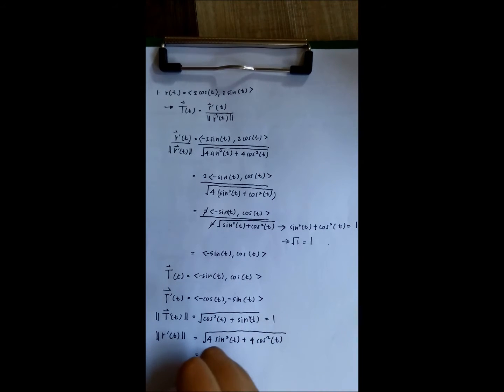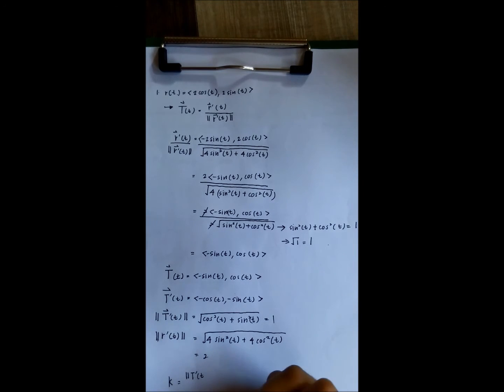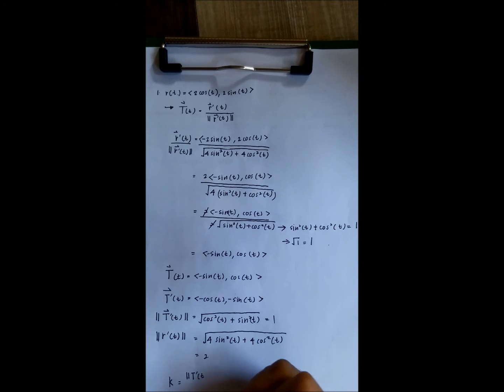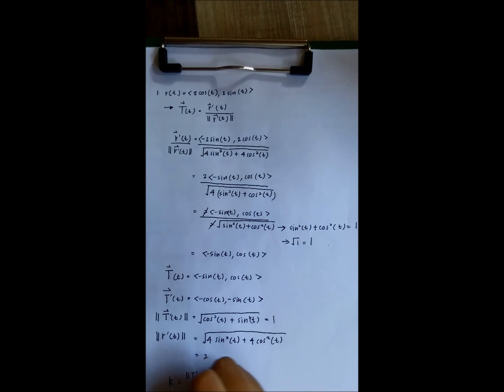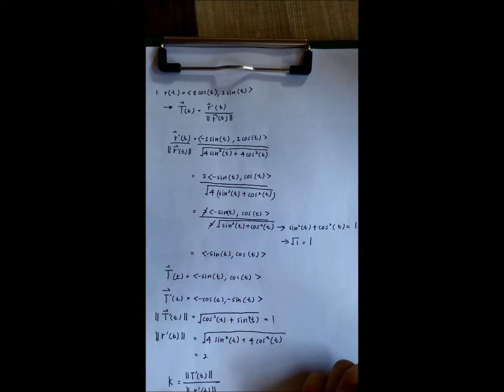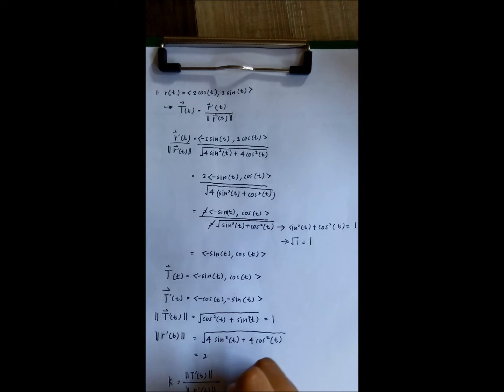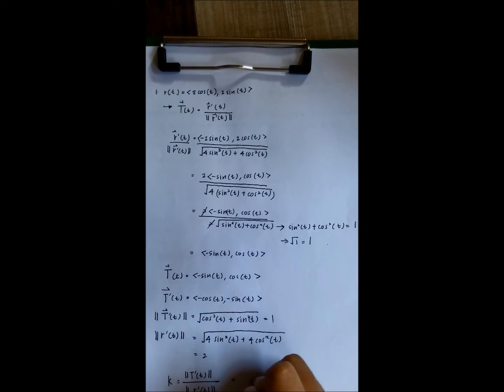So the final answer, since the formula of k is equal to the magnitude of T over the magnitude of v, we will get 1 over 2.